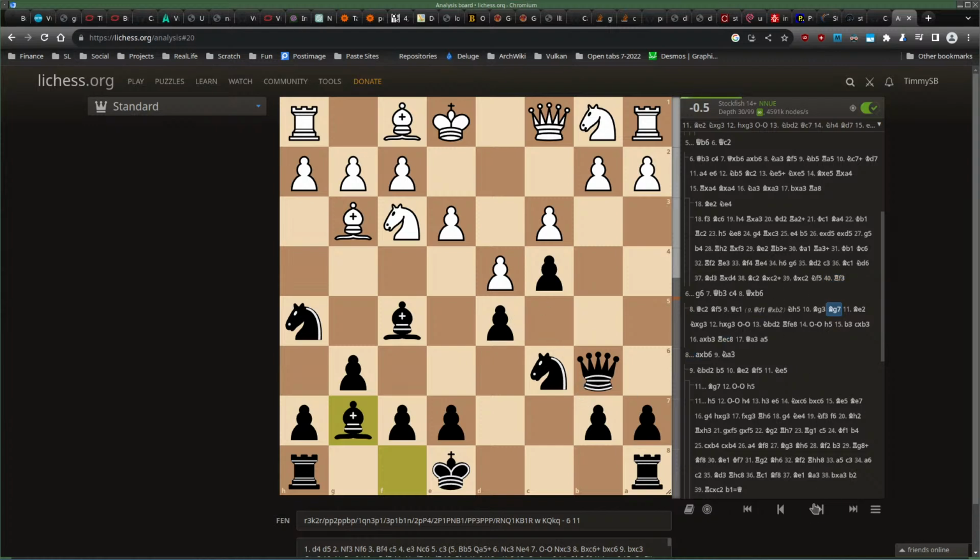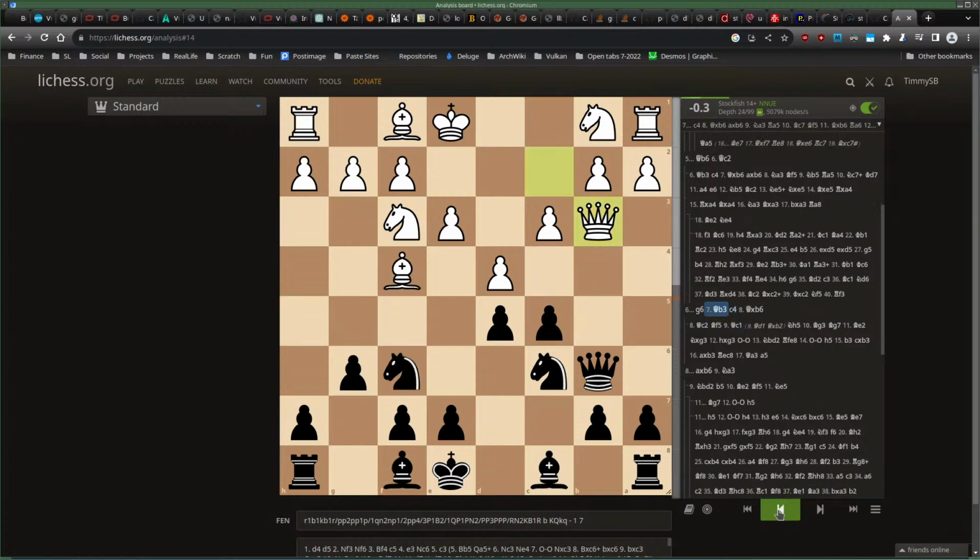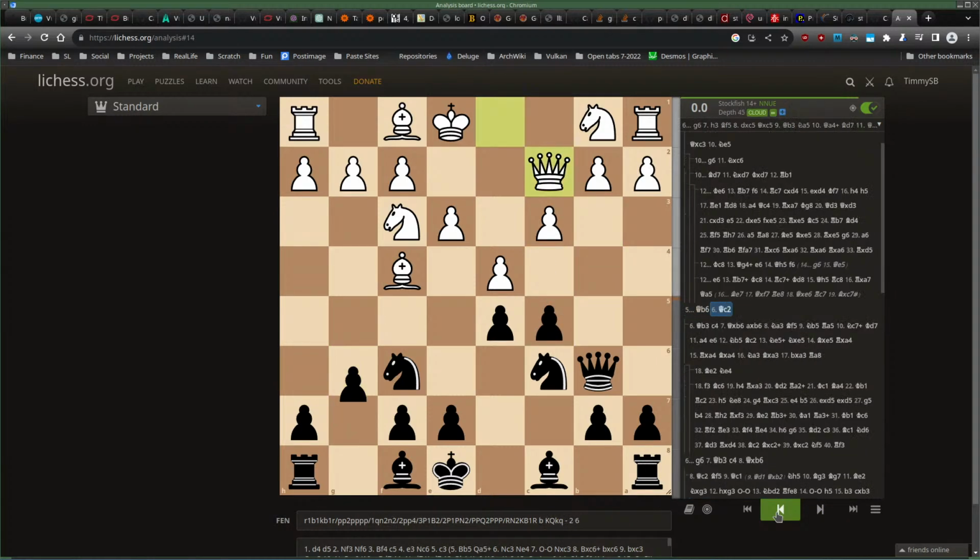Let me play a game against the computer from this position. So from here, no, don't want to go here. Let's play a game against the computer from here.